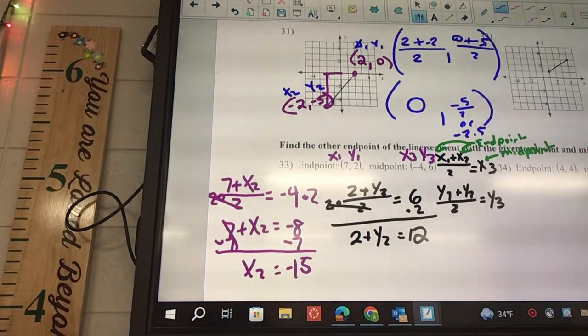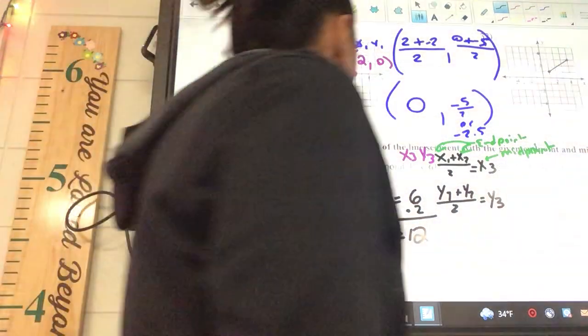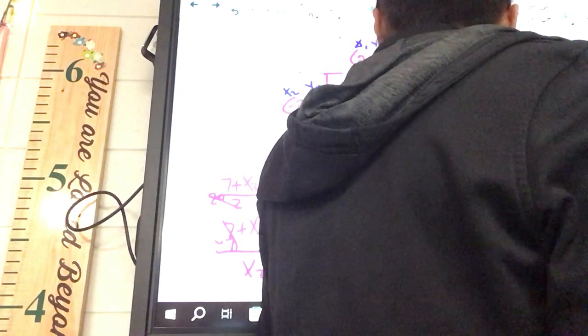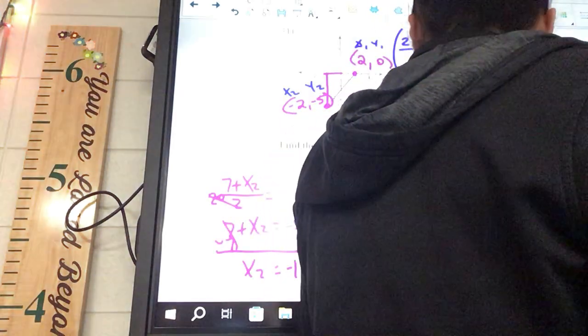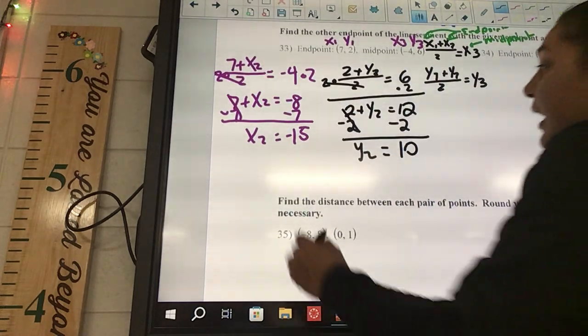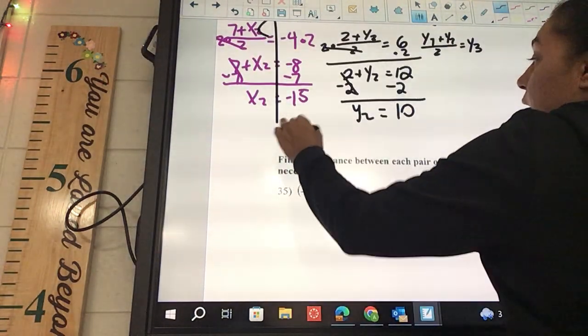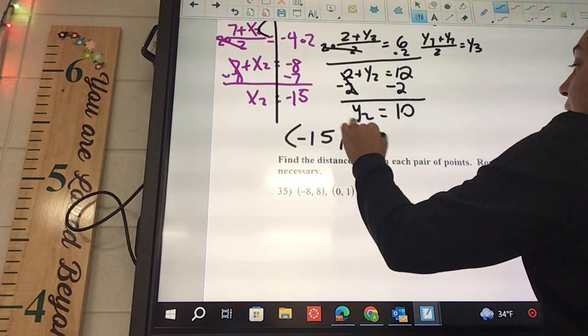And then are we gonna add or subtract? Subtract. Okay, and so our last step is just gonna write this as a coordinate. It's gonna look like negative 15, comma 10.